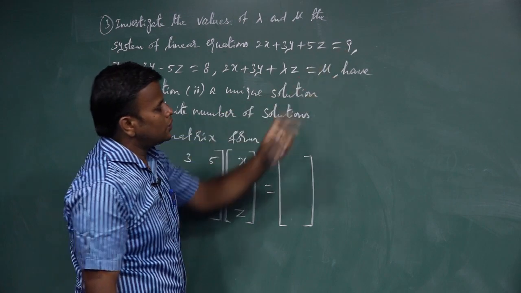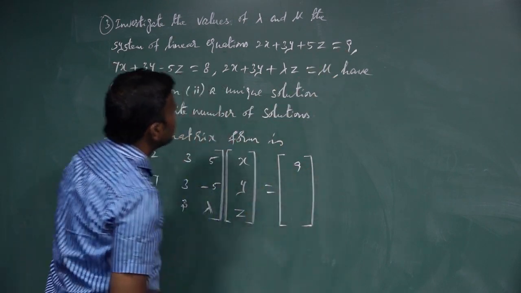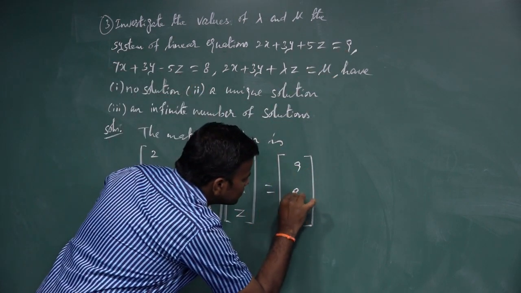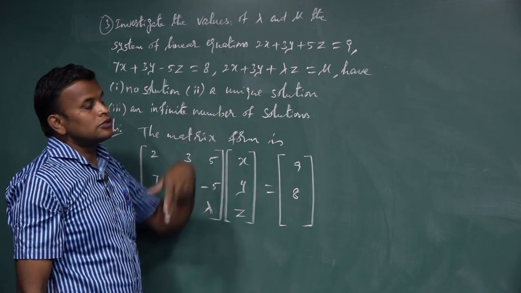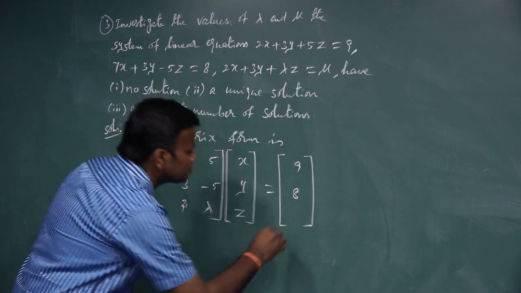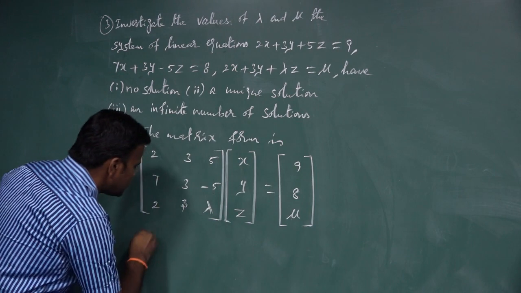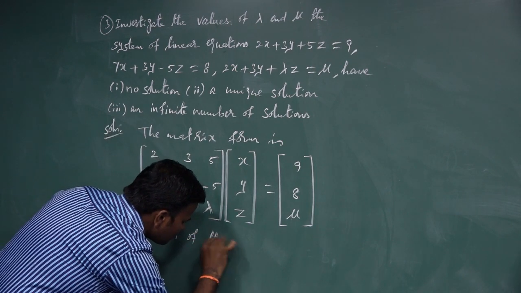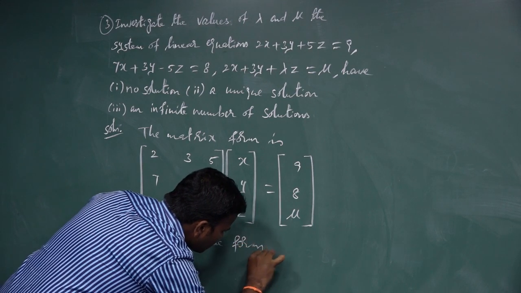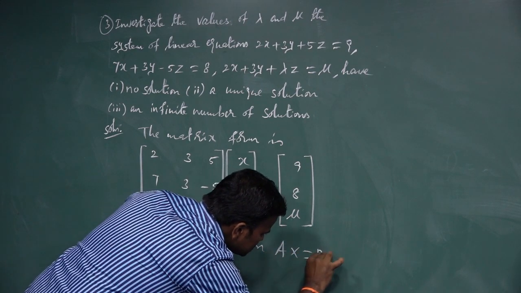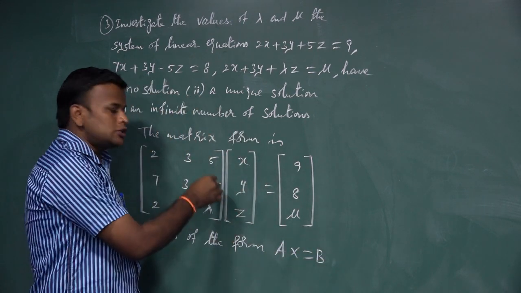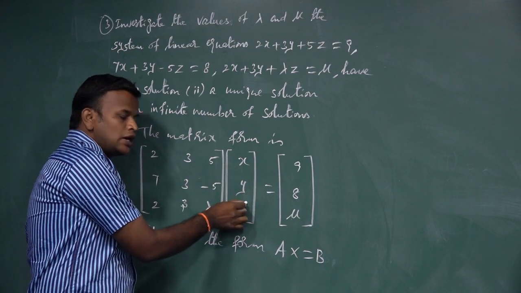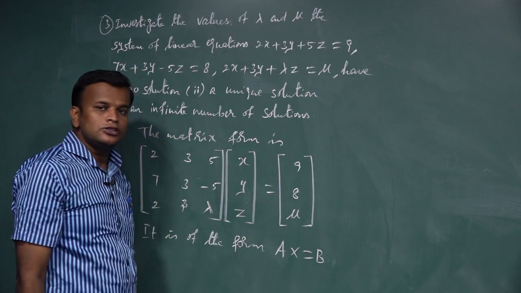In first equation the RHS constant is 9. Second equation is 8. And the third equation, what is the constant? It is nu. Now in another form, Ax is equal to B. So it is a matrix A, it is X, and RHS is a matrix B.